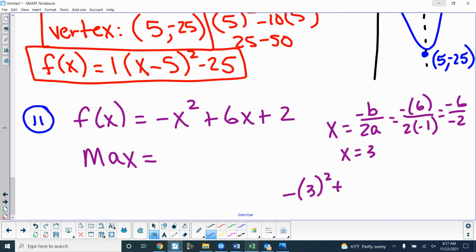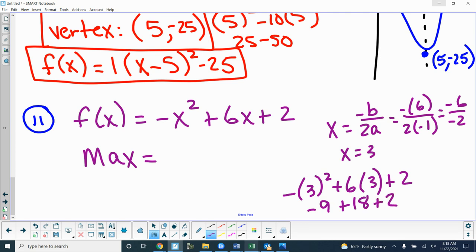So I'm going to plug 3 in for x to figure out the y value of the vertex. And whatever this equals is the max value. Right, Nate? It's the y value of the vertex that is that max or minimum value. Okay? So this is 3 squared, 9, but that makes it negative 9. 6 times 3 is 18.